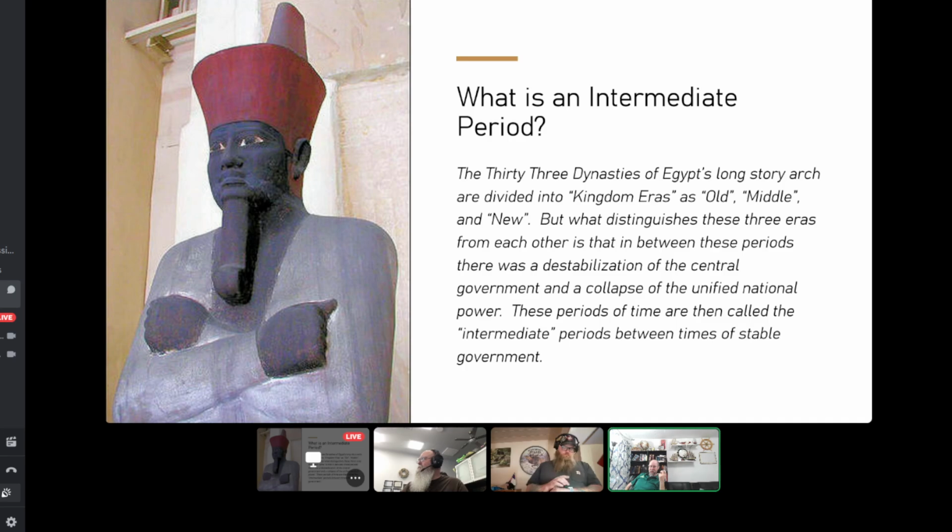And between the Middle Kingdom and the New Kingdom, something happened that caused everything to fall apart again. And that's what we mean by intermediate periods, these periods of unstable, non unified Egyptian history. These periods of time are then called the intermediate periods between times of stable government, and I would say stable unified government. Any questions about that? What the intermediate period means then?